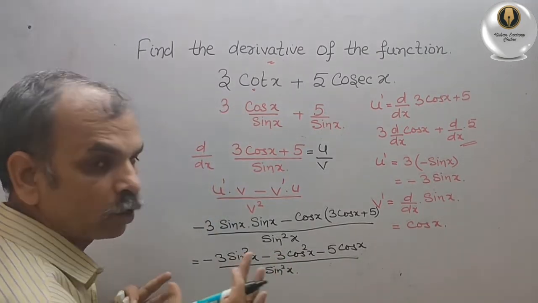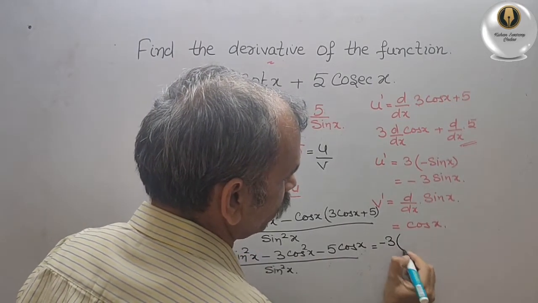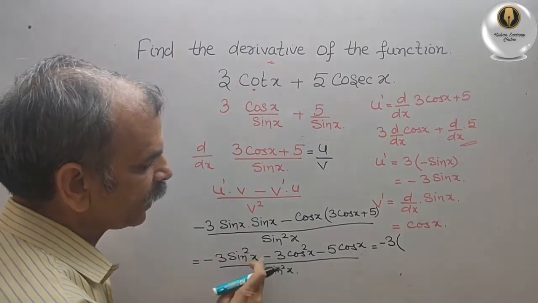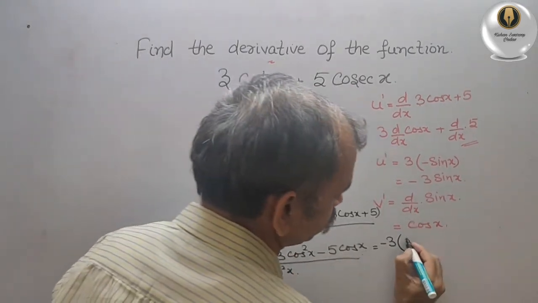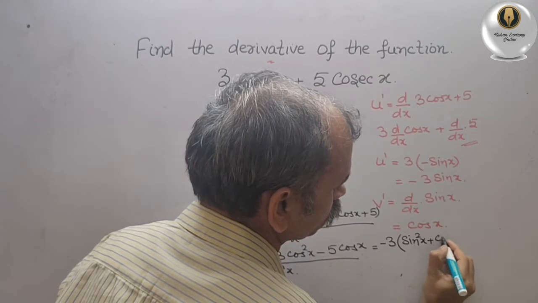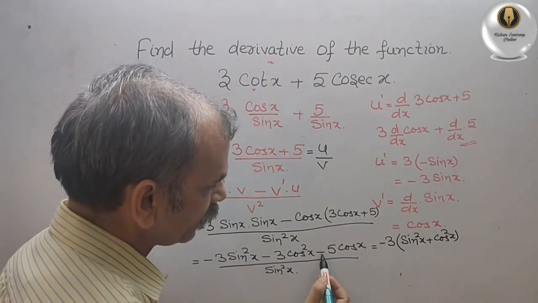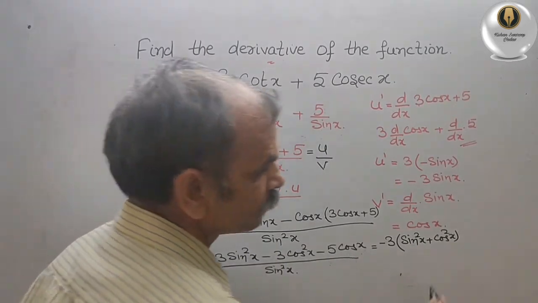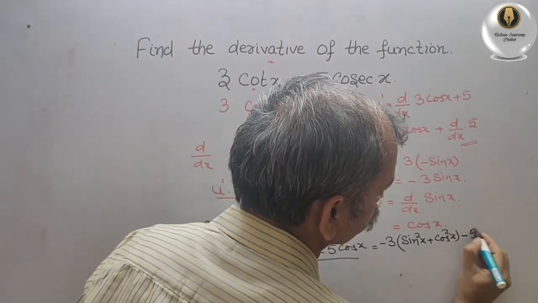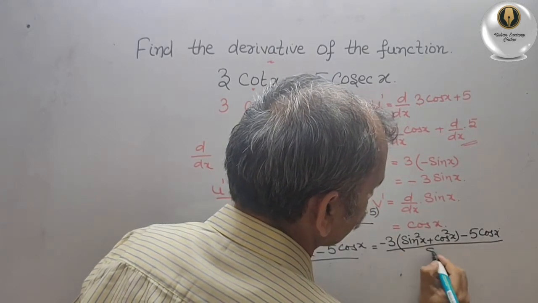Take minus 3 as common. What will we get? We will get sin square x plus cos square x, and here minus 5 cos x by sin square x.